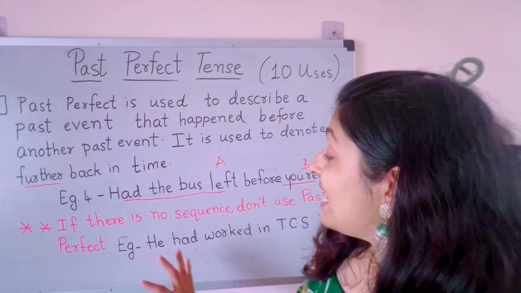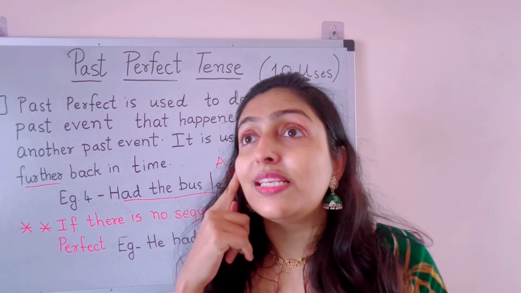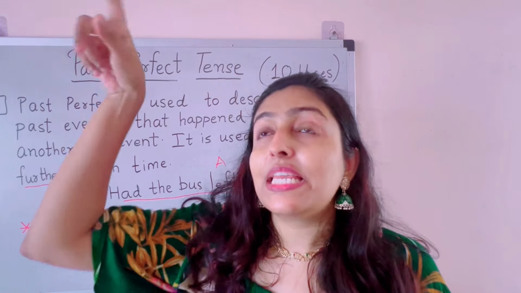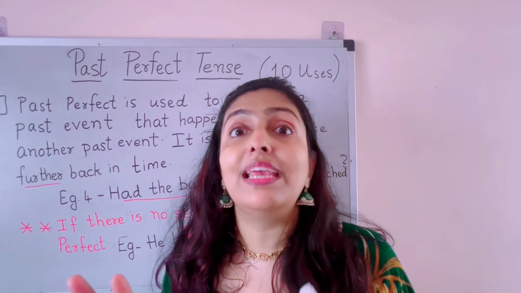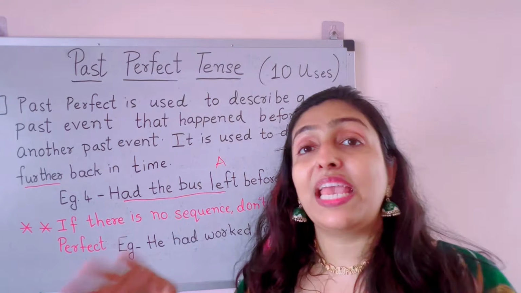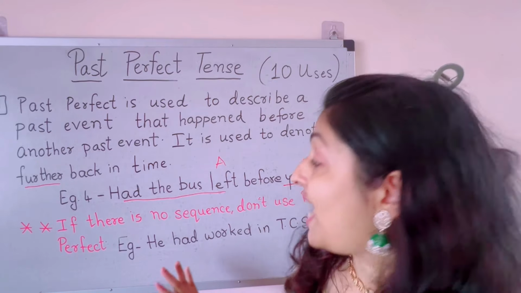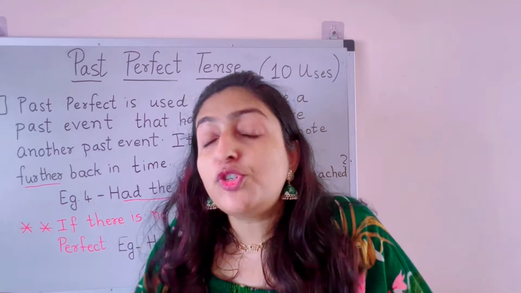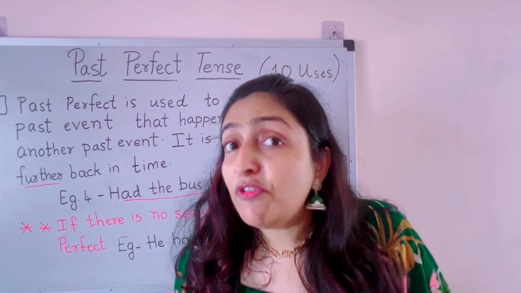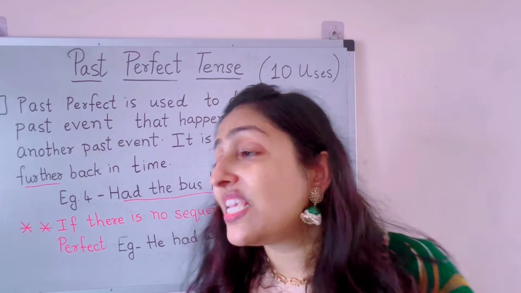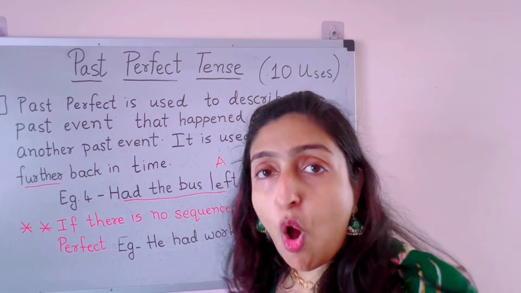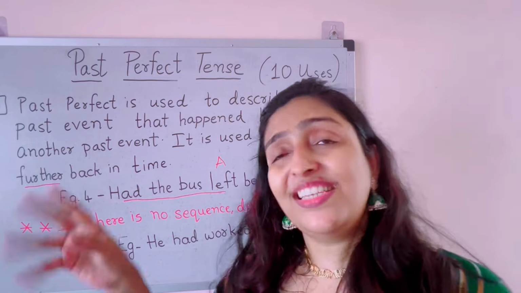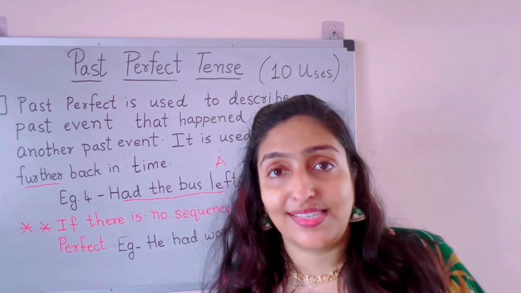If you say he had worked in TCS, it means and then something happened and then he discontinued. If you use had worked, it means you are about to continue the sentence. But if you don't continue, then it becomes grammatically wrong. And what is the correct sentence? He worked in TCS.